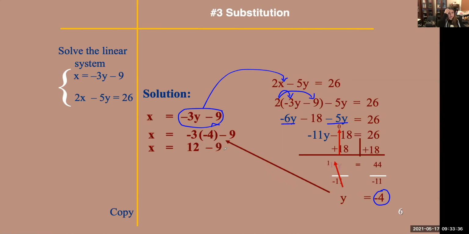Bring down that negative 9. Twelve minus 9 gives me a 3. Here is my x, so this goes first. Even though it was second, it's still going to go first in my solution. So this is an x, this is a y, and it was a 1 solution.